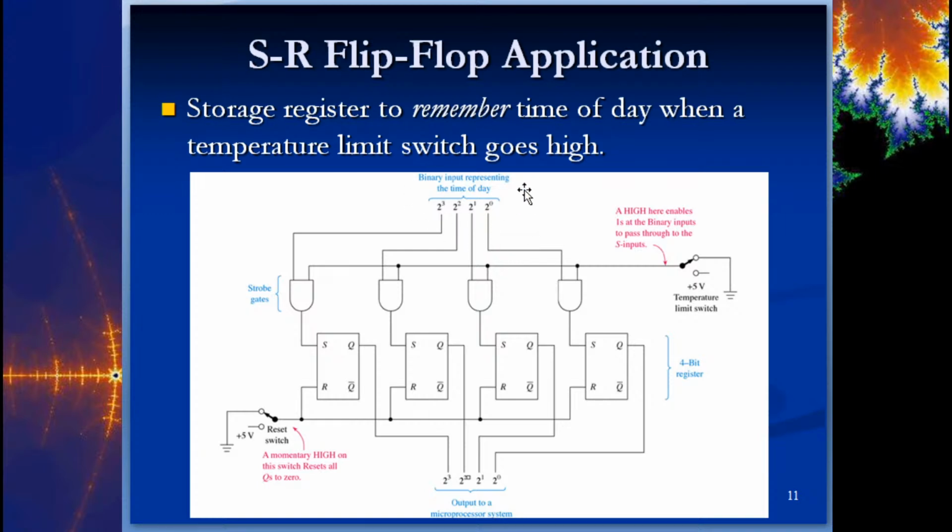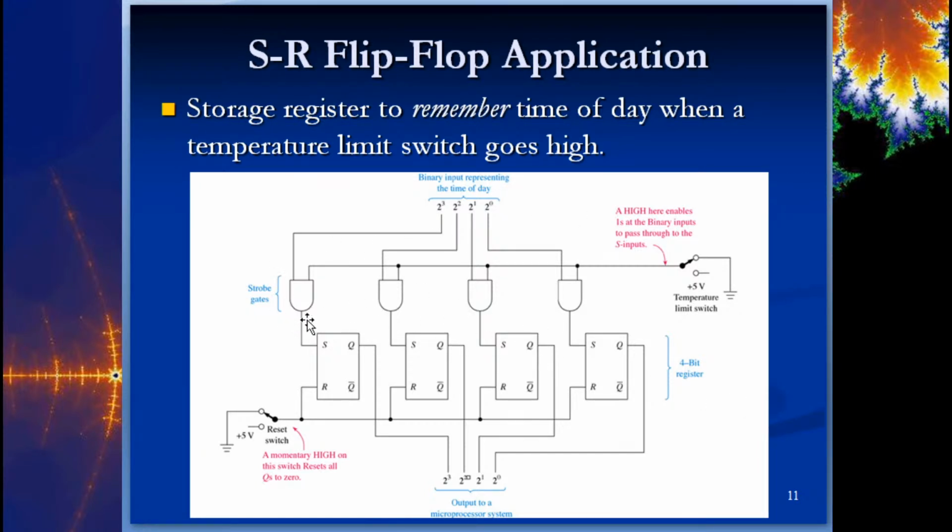So this is going to click on, and those inputs are going to change, but nothing is going to happen to the set condition until this thing goes high, because there's going to be a 0 on each one of these inputs, and so it doesn't matter what this is doing. It matters, because this is going to be tied low all the time until you have an issue. So the idea here is at the time of day, when this temperature switch flips and goes to 5 volts, that puts a high on each one of these inputs, and essentially that's going to allow 2 sub 2 to the 0 through 2 to the 3rd to pass through those AND gates.